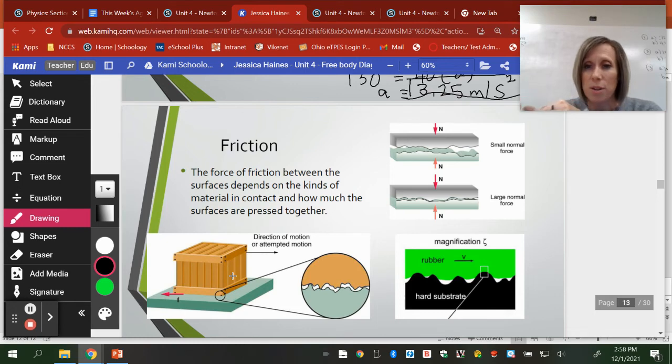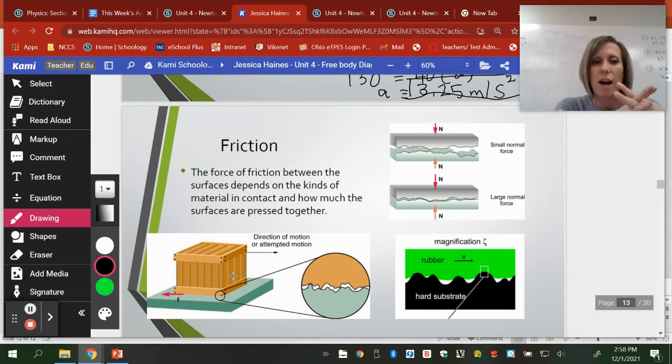It depends on the material that the object is made of, how bumpy the material is, and what the substance is that it's made up of. This is why the tires on our cars are not made of something like plastic or steel. They're made of rubber, because rubber has a different coefficient of friction than a metal or plastic does.